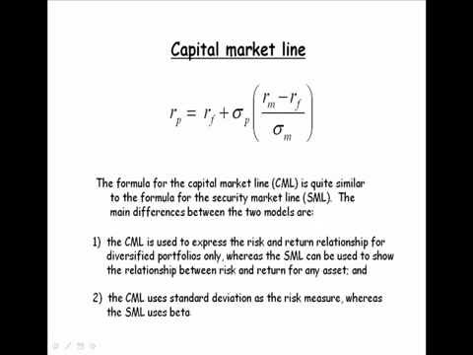The formula for the capital market line, as we see, is very similar to the formula for the security market line, but there are some major differences. The first major difference is that the CML is used to define the risk-return relationship for diversified portfolios only, whereas the security market line can be used to show the relationship between risk and return for any asset: any individual asset, any portfolio, or any well-diversified portfolio.